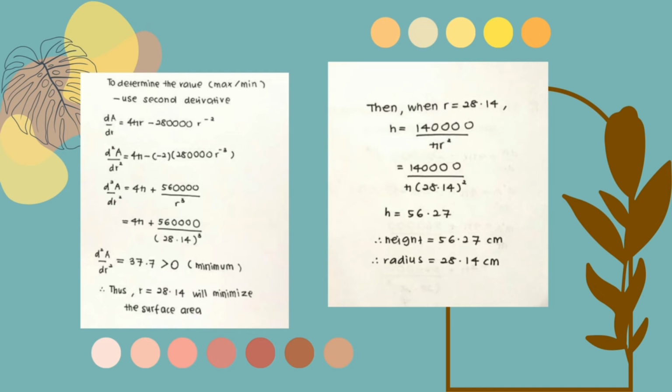Okay, now last but not least, we move to the finding h part, which is h equals 140,000 over pi r squared.